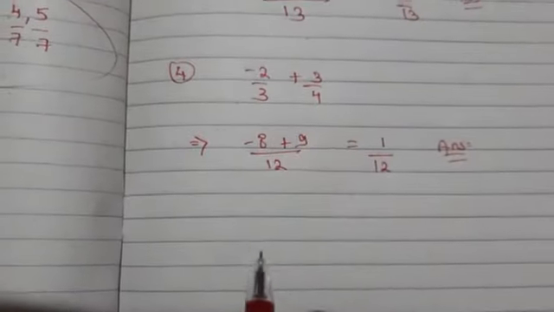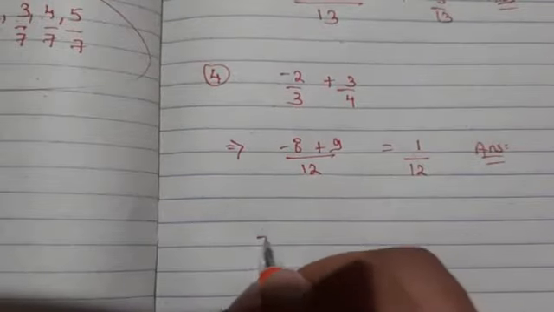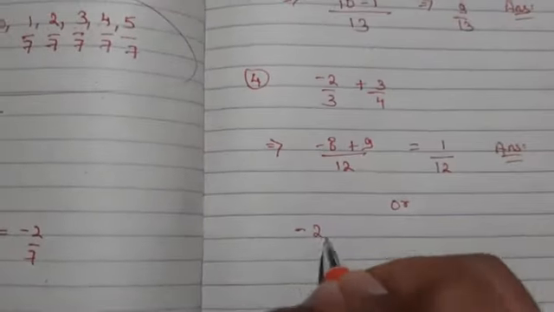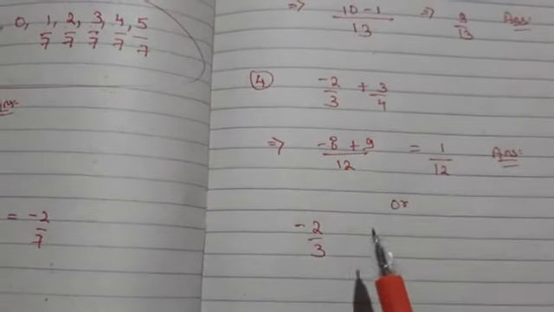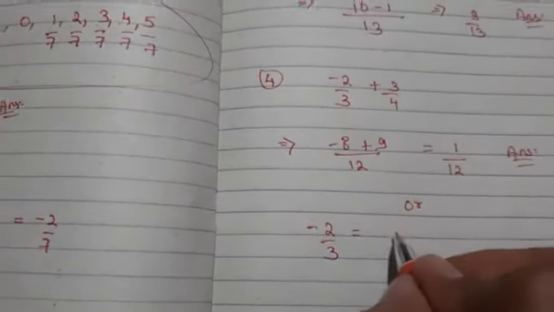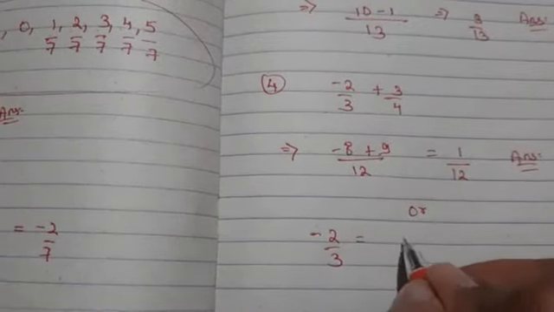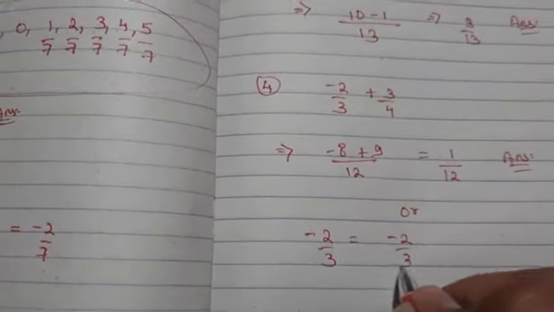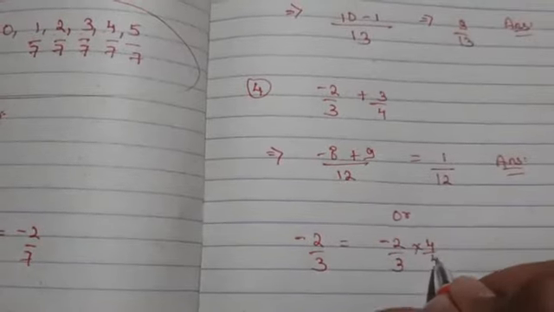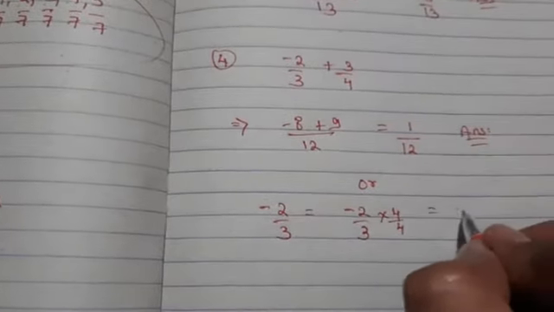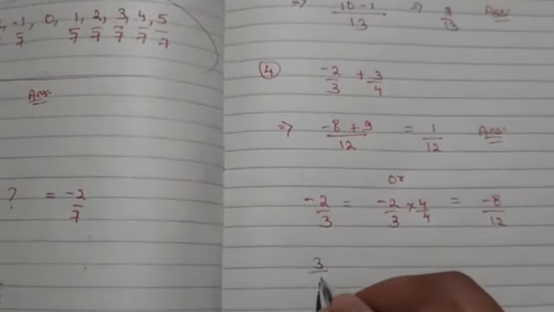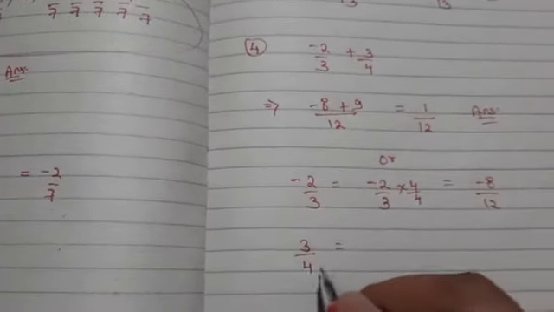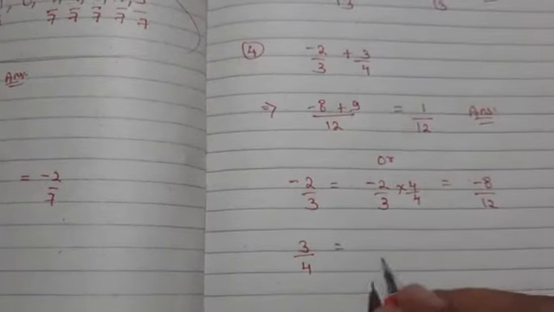This is one way. Or the second way is make the denominators same first. Like minus 2 upon 3. So 3 into 4 will be 12 and 4 into 3 will also be equal to 12. So make the denominator same. 3 into 4 is 12. And your second rational number, that is 3 upon 4, multiplied by 3 so that the denominators will be equal. 4 into 3 is 12.